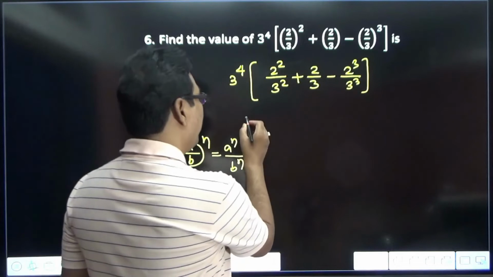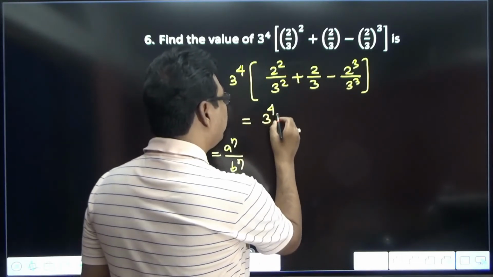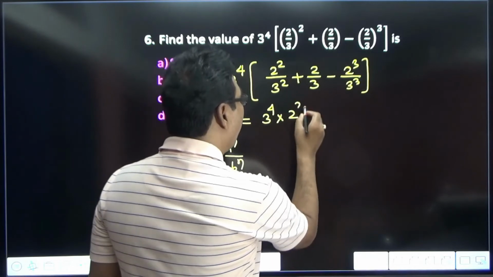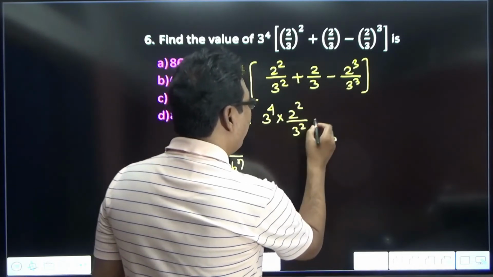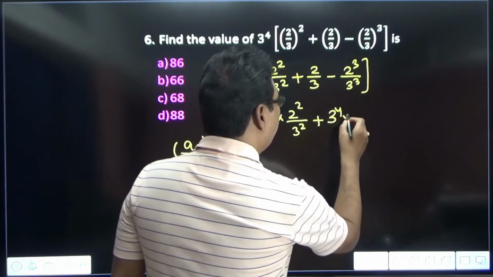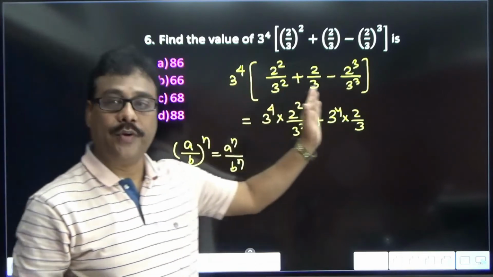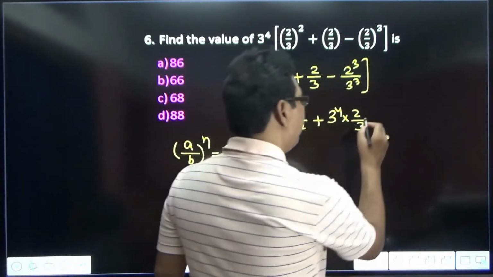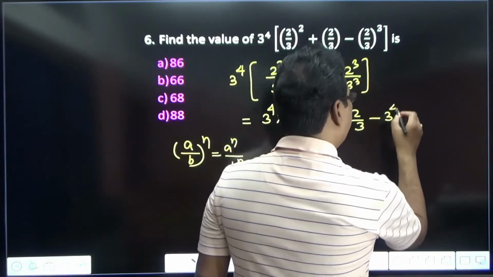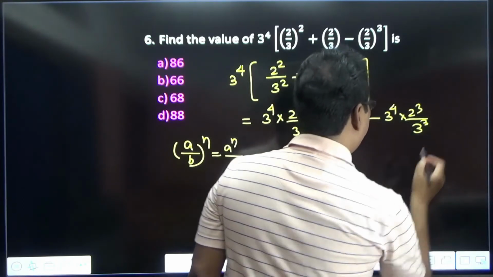So let us see what we are getting. 3 to the power 4 into 2 square by 3 square, plus 3 to the power 4 into 2 by 3, minus 3 to the power 4 into 2 cube divided by 3 cube.